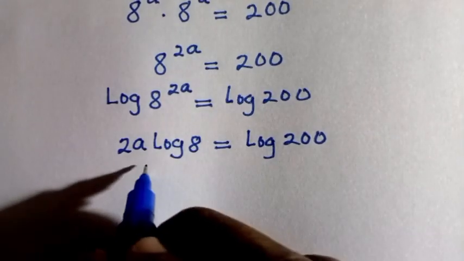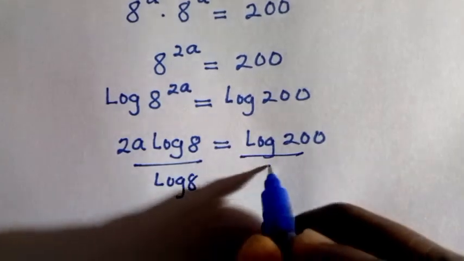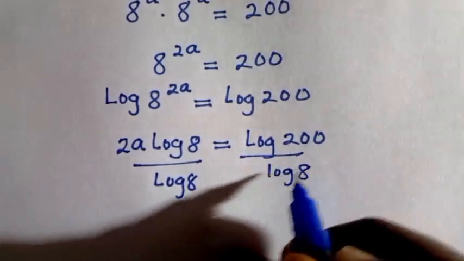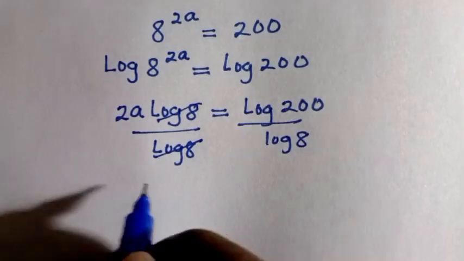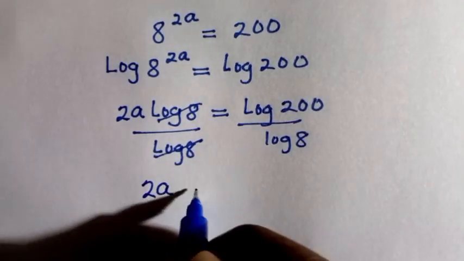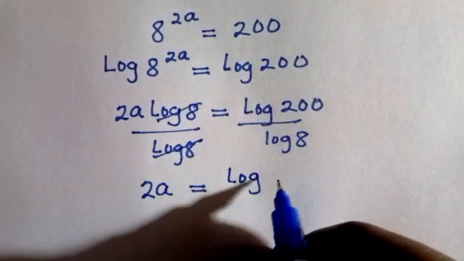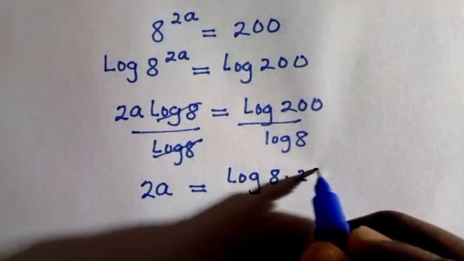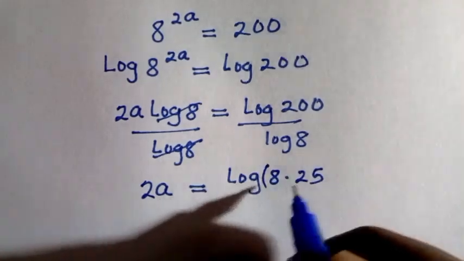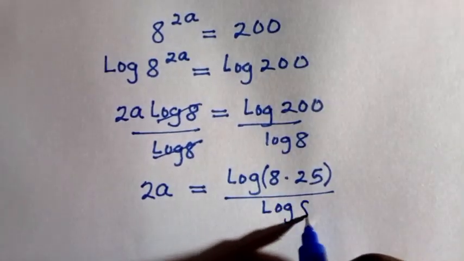Then let's divide both sides by log 8. By dividing by log 8, log 8 cancels log 8. Here we have 2a equals log 200, which we can express as 8 multiplied by 25, divided by log 8.